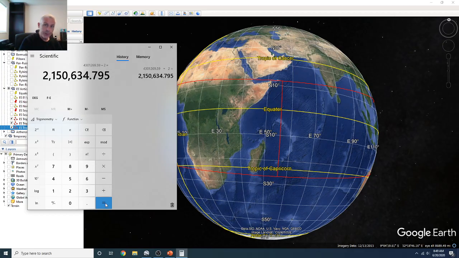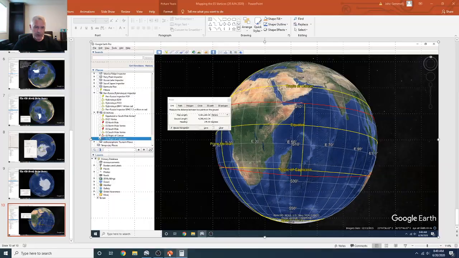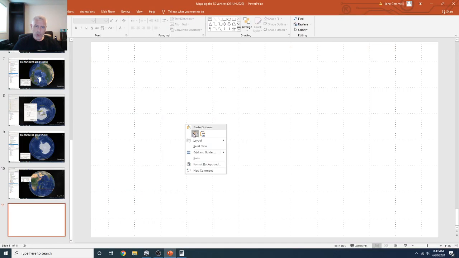Put the comma in the wrong spot. 2,150,634.795 meters. All right. Now we're going to print screen, save that mathematical calculation, new slide.